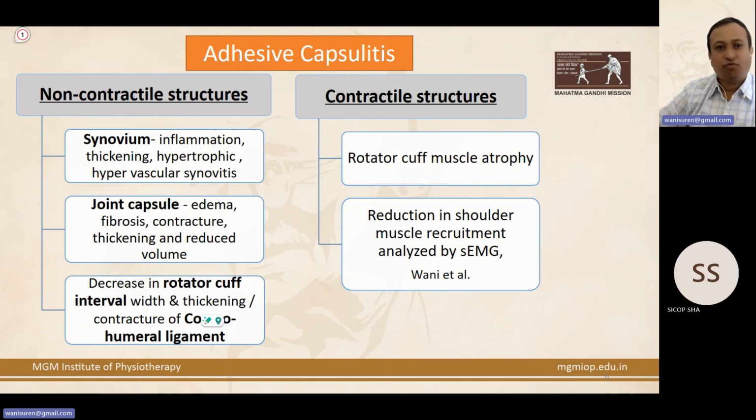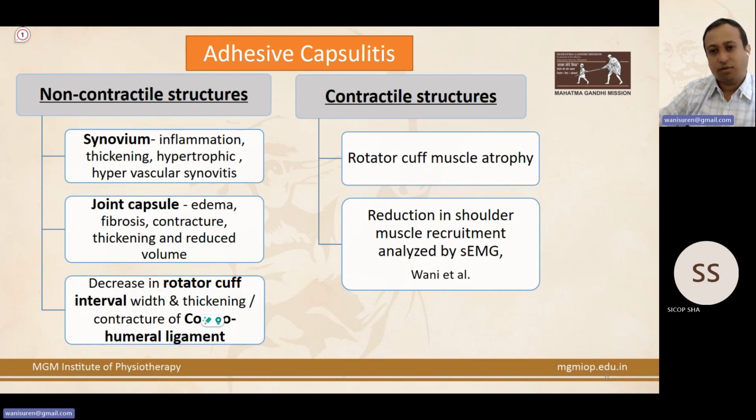Many studies have already proven that the non-contractile structures around the shoulder joint are commonly involved, such as synovium, joint capsule, rotator cuff interval, and coracohumeral ligament. These studies have confirmed these non-contractile changes in patients with adhesive capsulitis with proper ultrasonography, radiographic, or MRI studies.